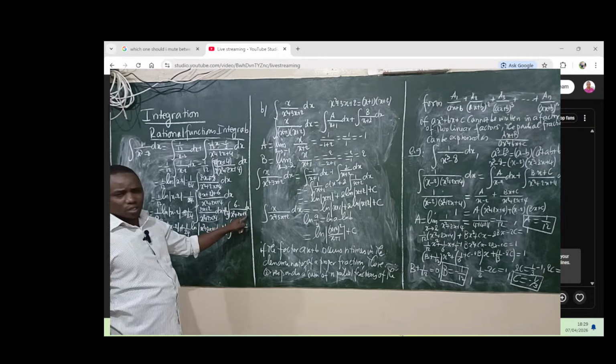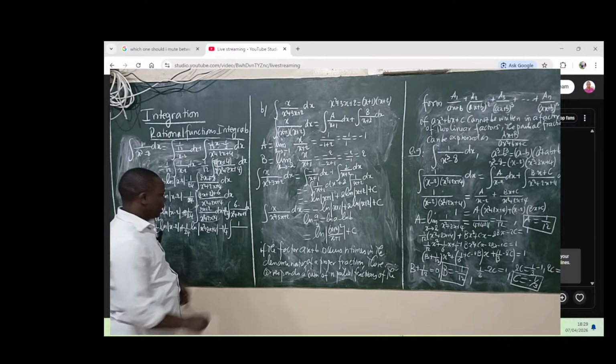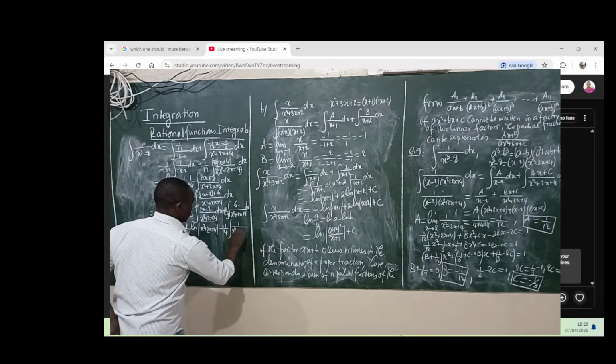That's why here is x squared plus 2x plus 1 plus 3 dx.